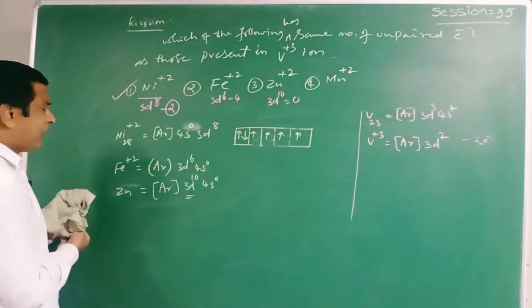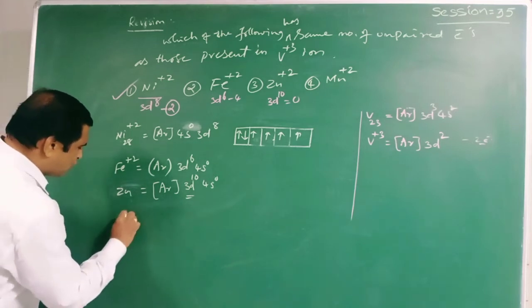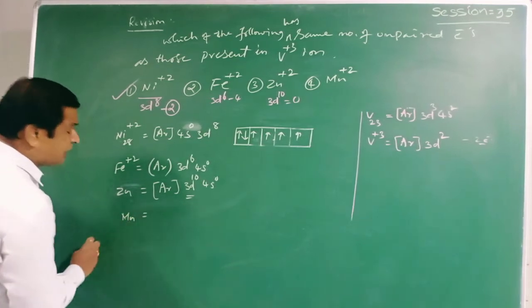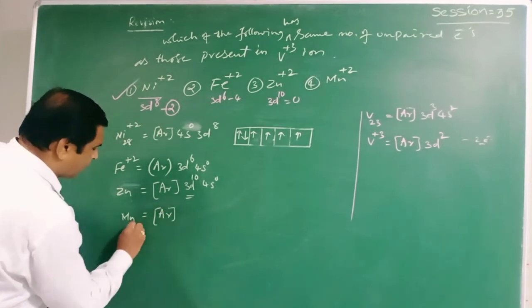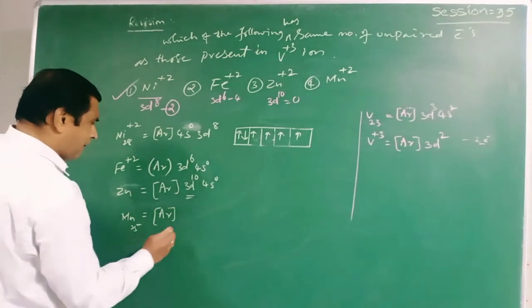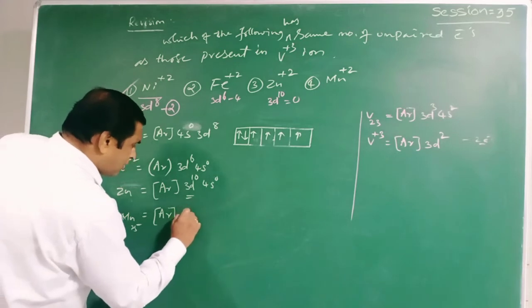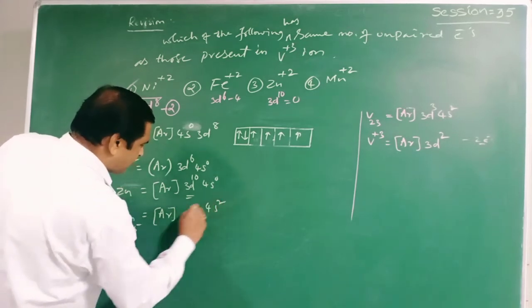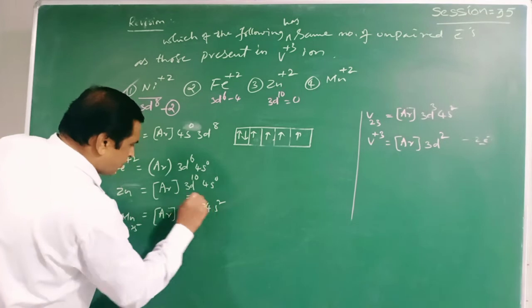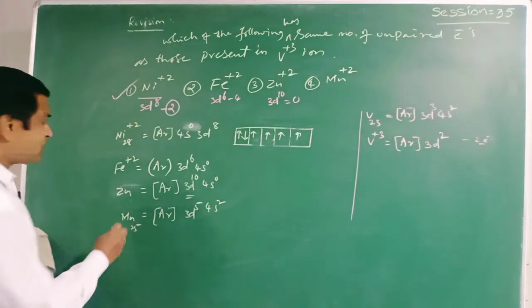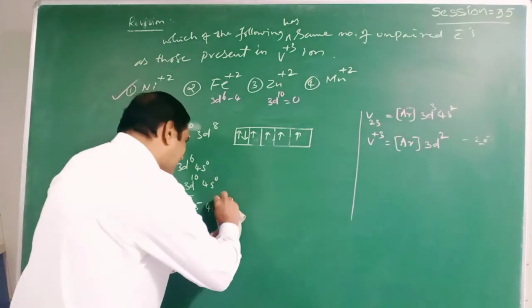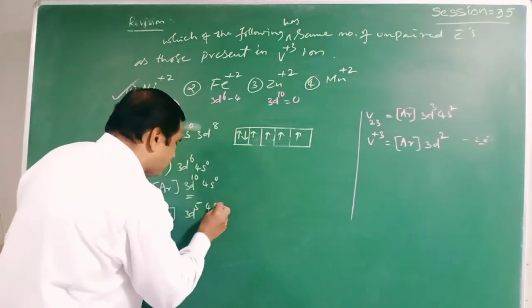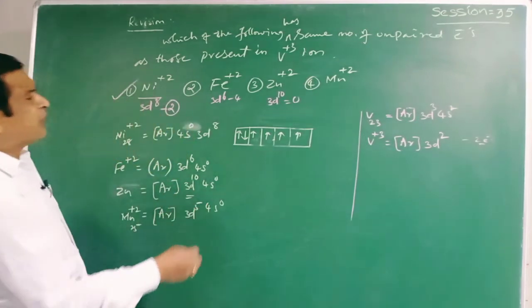Next, Mn plus 2. Manganese atomic number is 25, so the configuration is argon 4s2 3d5. Since it is plus 2, it loses the outermost 2 electrons easily, so 4s0 3d5.